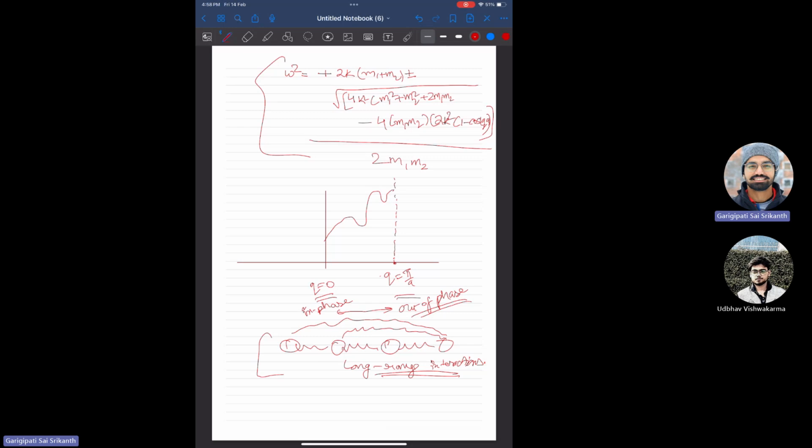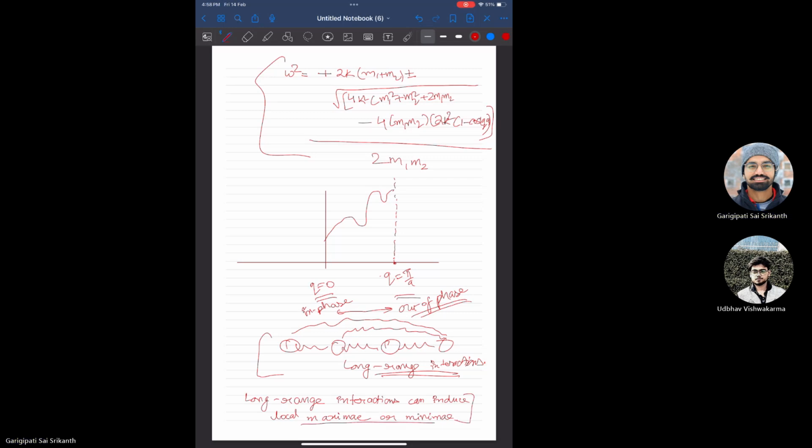Long range interactions can induce local maxima or minima.